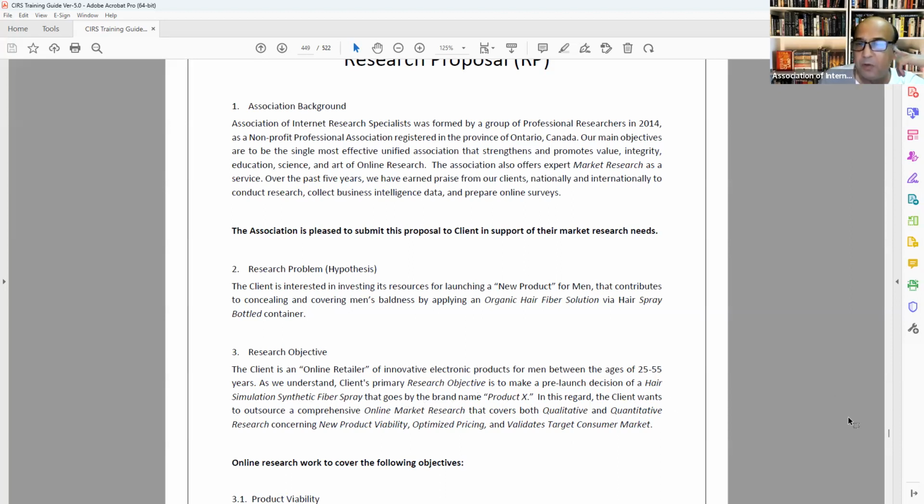So here you are saying what the research objective might be. In this regard, the client wants to outsource a comprehensive online market research that covers both qualitative and quantitative research concerning new product viability, optimized pricing, and validates the target consumer market. So that's your best understanding.